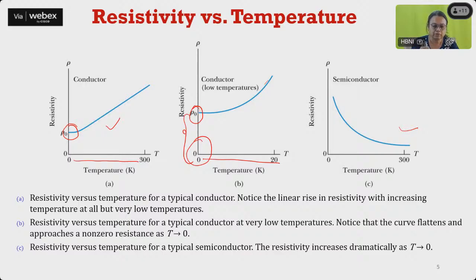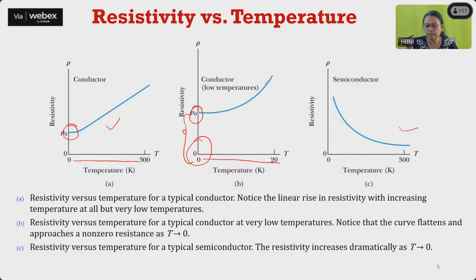But when the temperature rises, the resistivity also rises, because there will be more collisions of the electrons with the ions because of thermal vibration in the lattice.